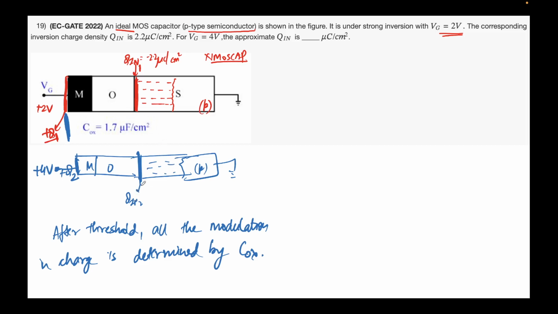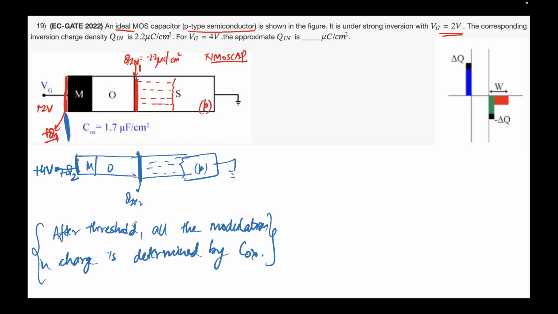It's only Q in 1 and Q in 2 that are different, due to Q1 and Q2 being different. So all the action is happening across Cox, that's it. But remember the keyword: after threshold.